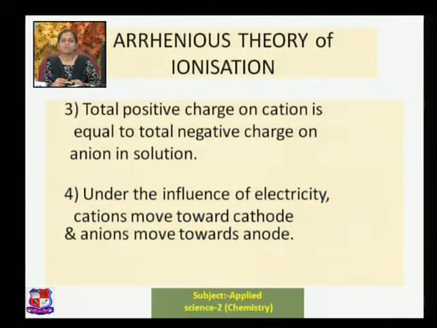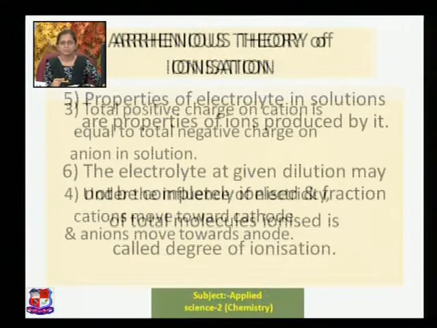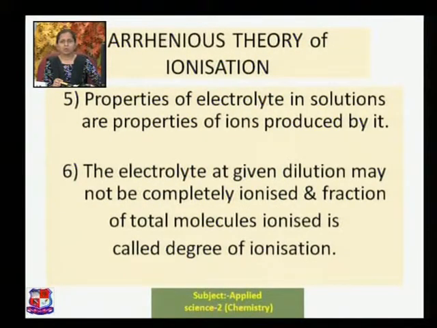The fourth point states that whenever you apply electricity to this electrolyte, your cations will move towards the cathode and your anions will move towards the anode. Fifth point, properties of the electrolyte.